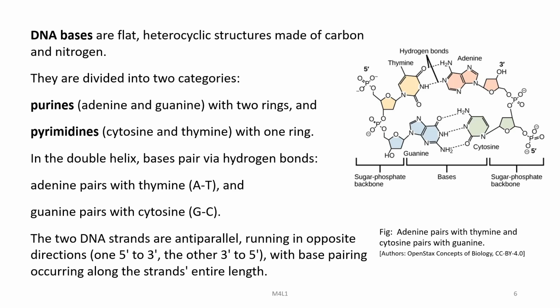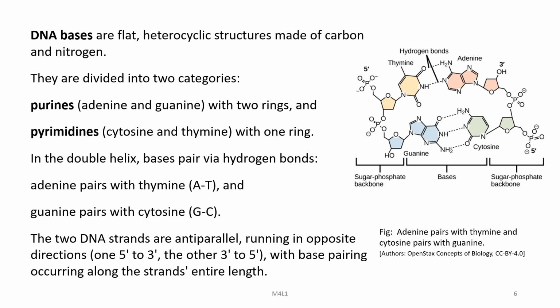The two DNA strands are antiparallel, running in opposite directions, one 5' to 3' and the other 3' to 5', with base pairing occurring along the strands' entire length, and this type of A-T and G-C pairing is what we call complementary base pairing.